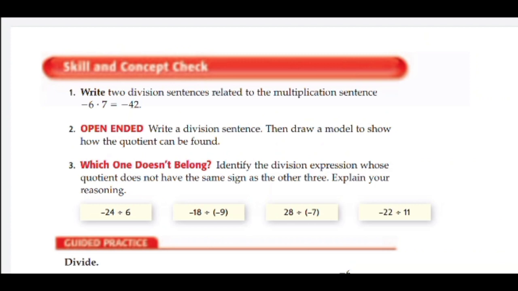Next, skill and concept checks. 1. Write two division sentences related to the multiplication sentence. 2. Open-ended: write a division sentence. Draw a model to show how the quotient can be found. 3.